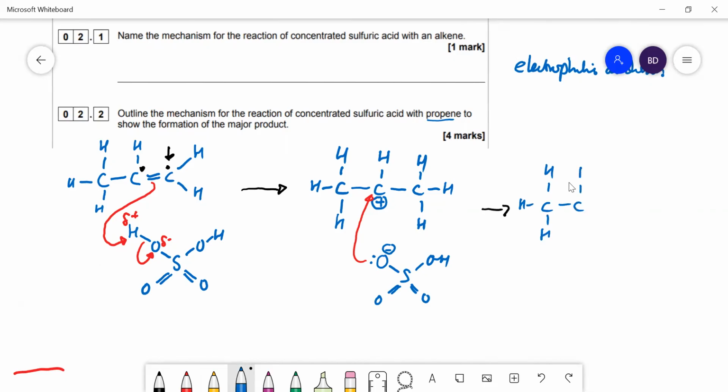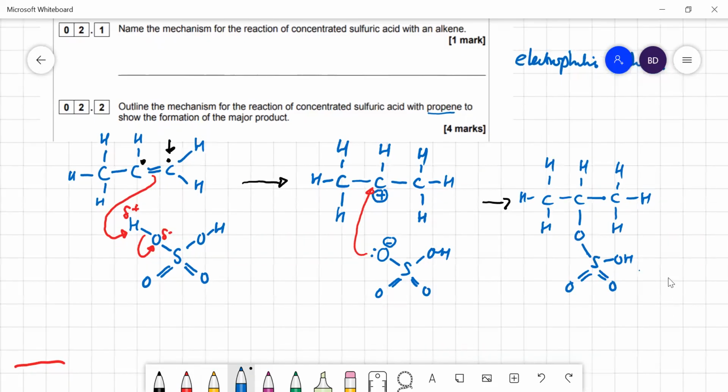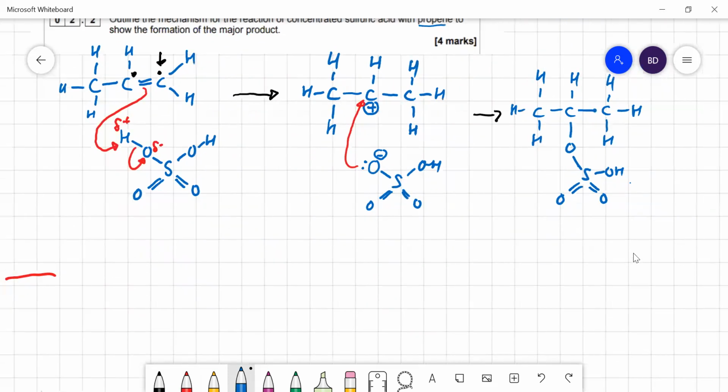Okay, so we've got hydrogen sulfate stuck onto the middle carbon there. Okay, so that's the major product, and I think the next question it's probably going to ask us why that's the major product, or something like that.